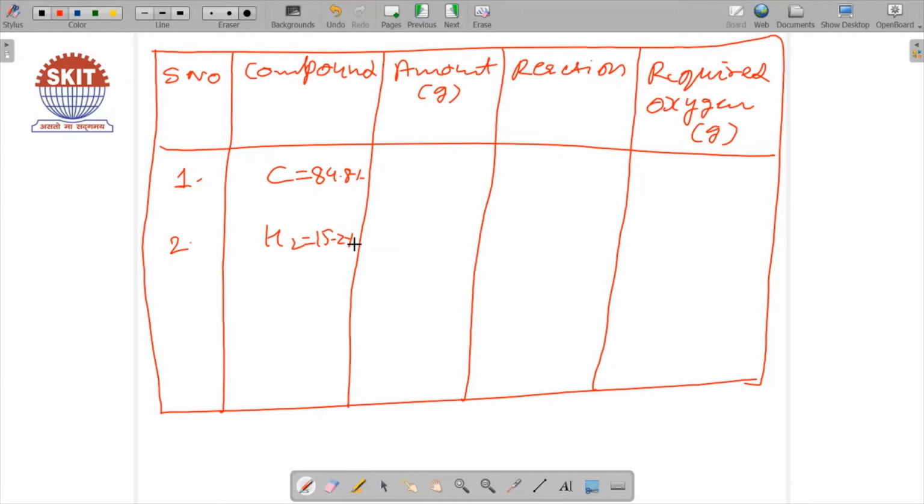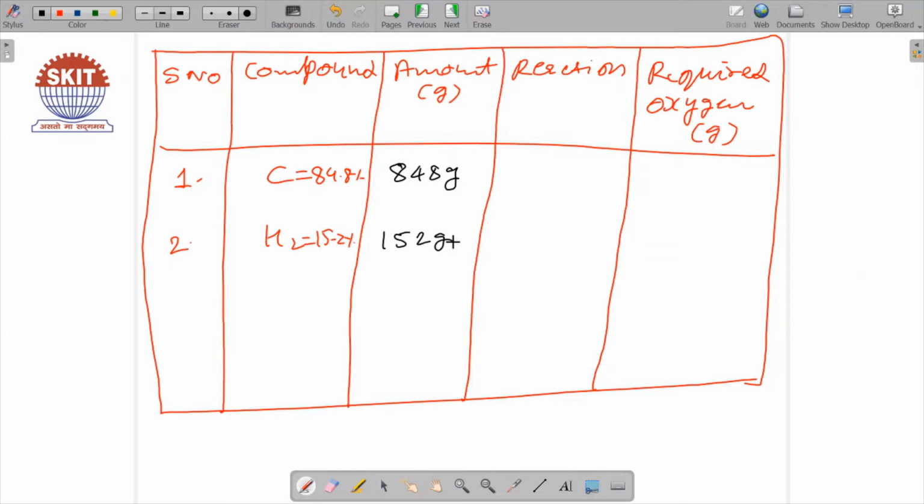Now we will convert this percentage value into grams. So the amount of carbon is 848 grams and the amount of hydrogen is 152 grams.